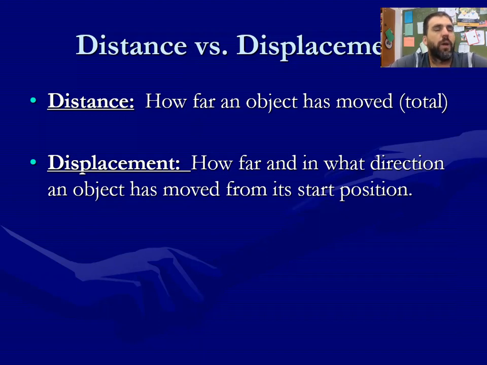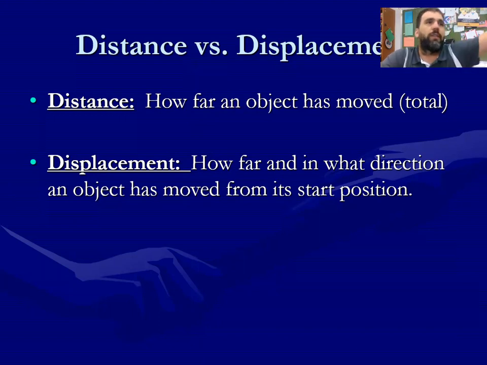I like to think of it this way, the last way to really differentiate distance and displacement. Gracie, you've ever heard the saying, as the crow flies? Do you drive the fastest way to school? You always learn that the shortest distance between 2 points is a straight line.